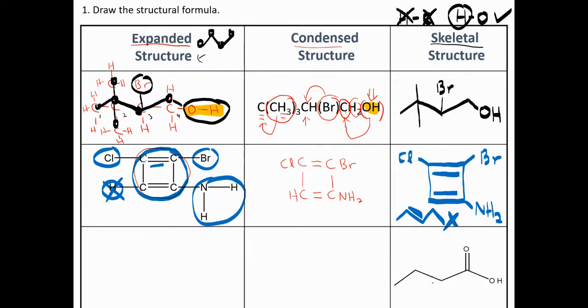Now, this time a skeletal structure is given. So how to draw the condensed and expanded? What I do is, you can see, 1, 2, 3, 4. So it means 1 carbon, 2 carbon, 3 carbon, 4 carbon. Then remember 1 carbon must have 4 bonds.